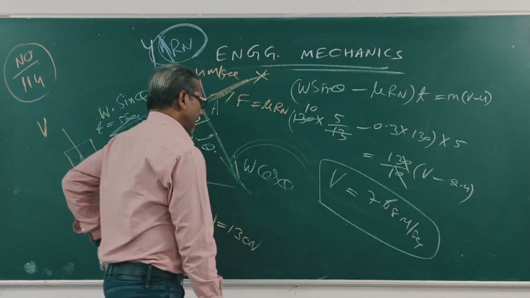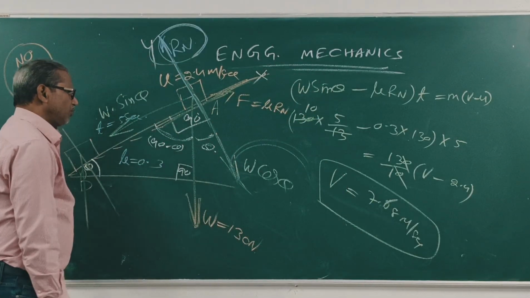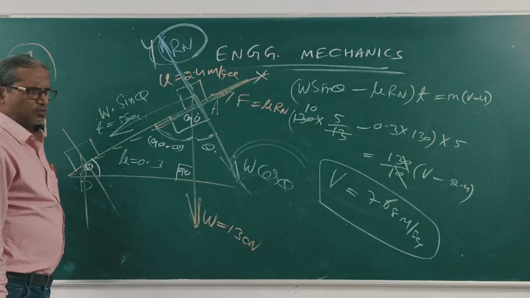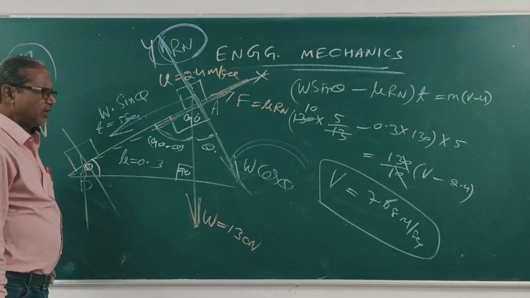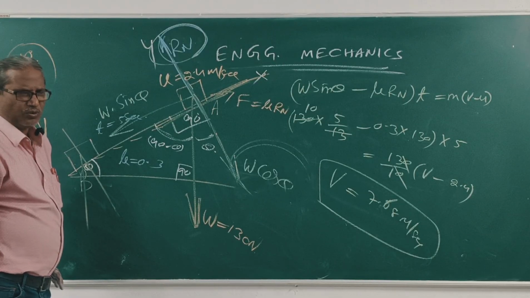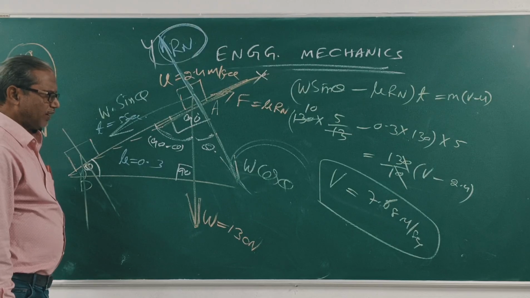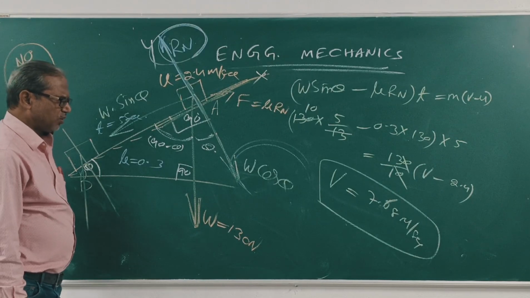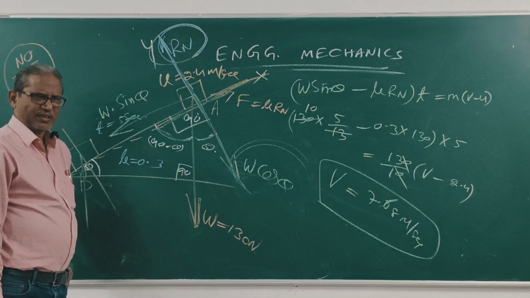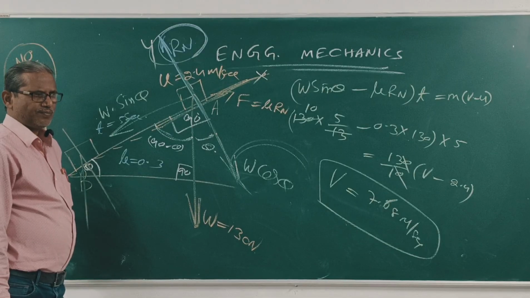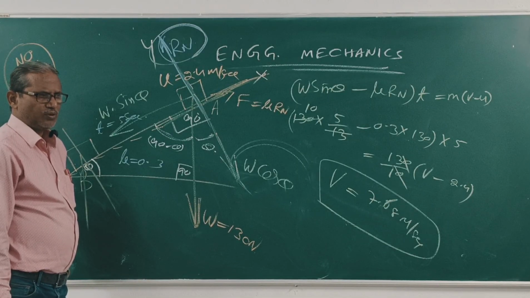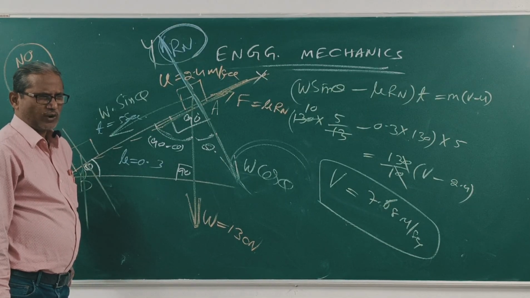This can also be solved using D'Alembert's principle or using the work energy principle. But in case of D'Alembert's principle, we will find out acceleration a. Clear? In case of the work energy principle, we will find out distance.